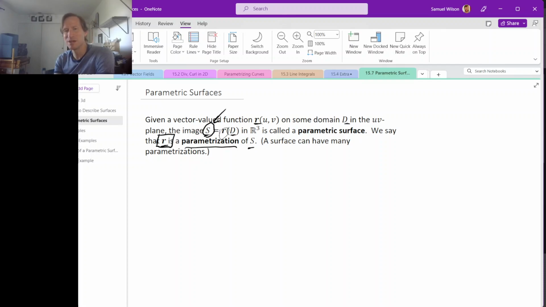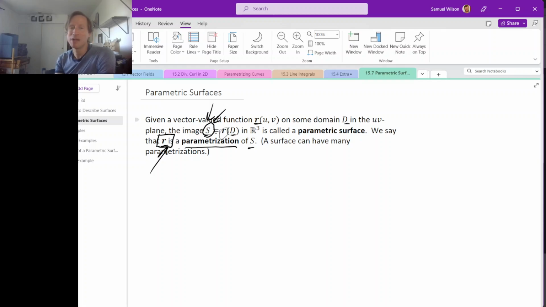The reason that I'm being careful about that is because one surface can have many different parametrizations. We'll see common examples of parametrizations in a minute, but for any given parametric surface, there are always variations you could make on the parametrization that would change the function r, but would not change the collection of points covered by the parametric surface.